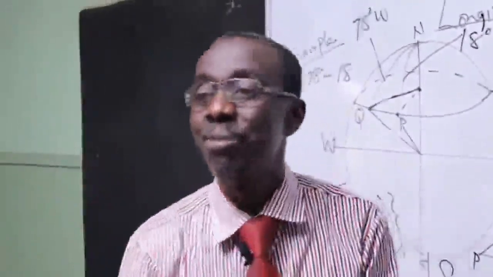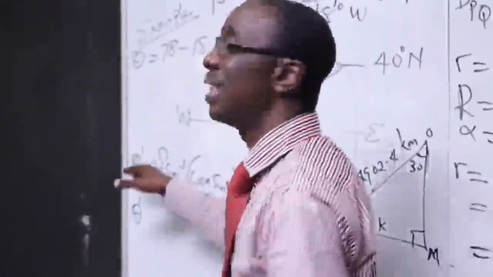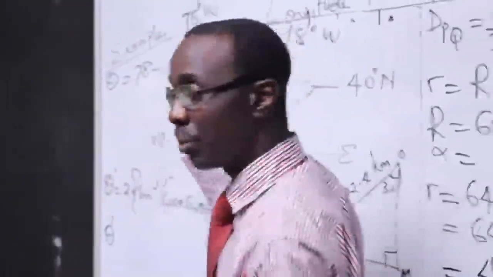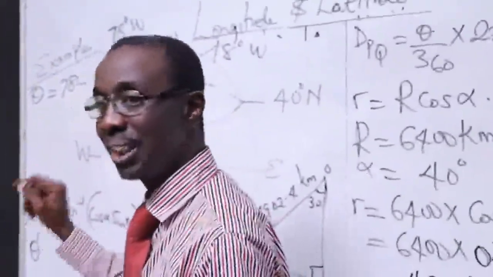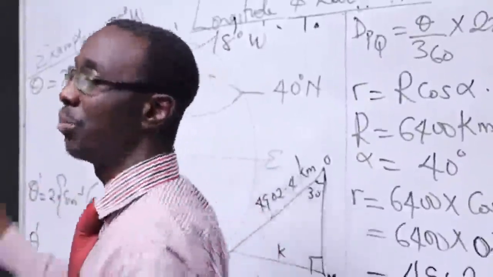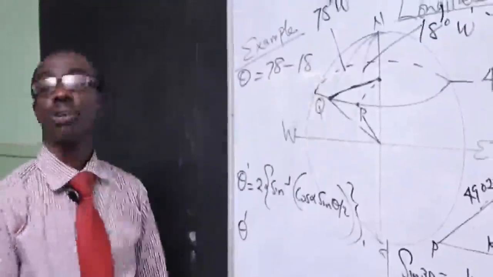And the question is saying find the great circle distance apart. I called your attention that you must calculate their angle separately first. If it is a small circle, the first thing you must do is calculate the angular difference using this formula first. Then you can use the formula theta over 360 times 2 pi capital R. Please, am I still communicating?